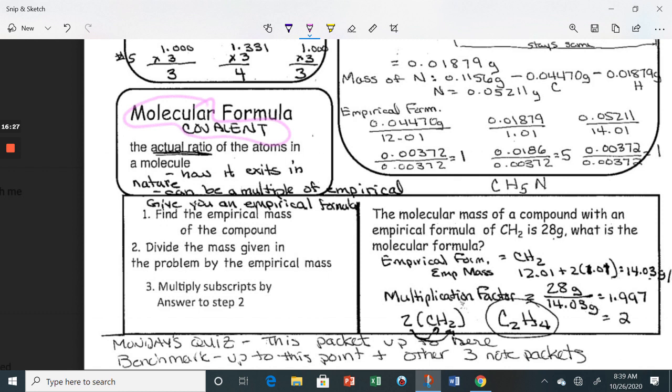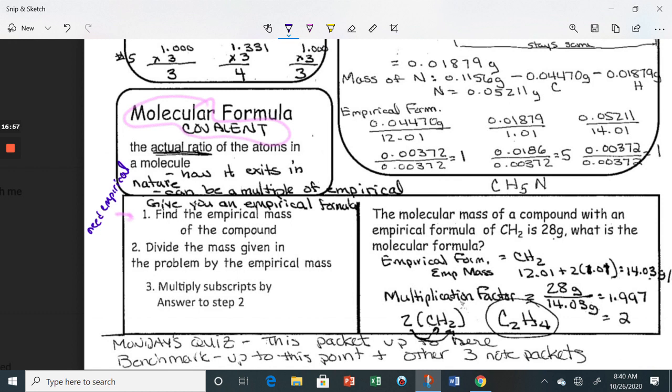So you need the empirical formula in order to do this. There is another way to do it, and I can show you that way on a couple of the worksheets, but I will tell you this is the easiest way other than adding another way to calculate it. So you find the empirical, and then you take the molecular mass and you divide it by the empirical weight.